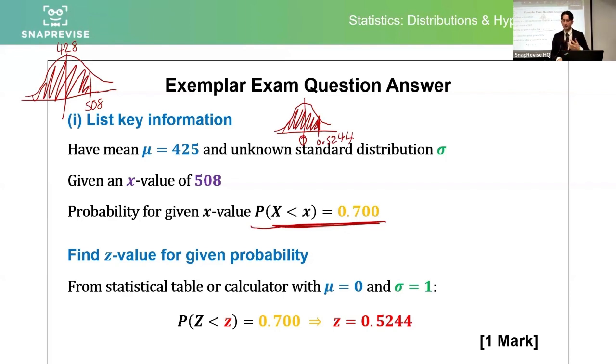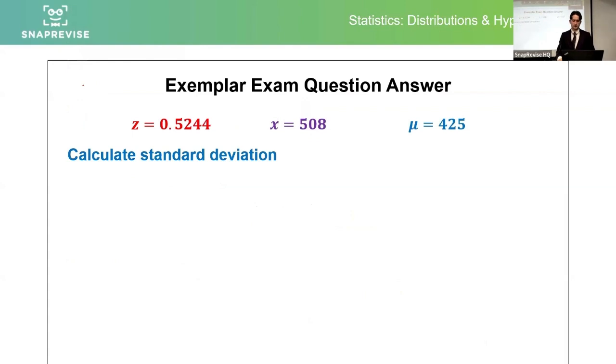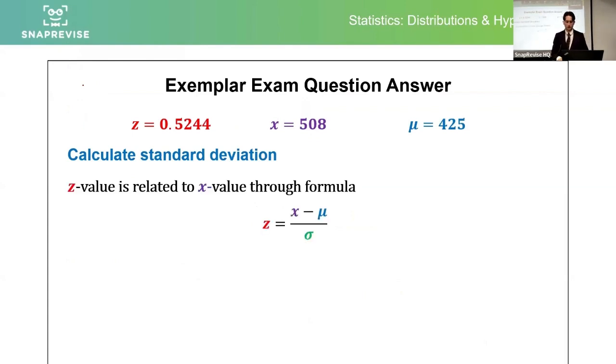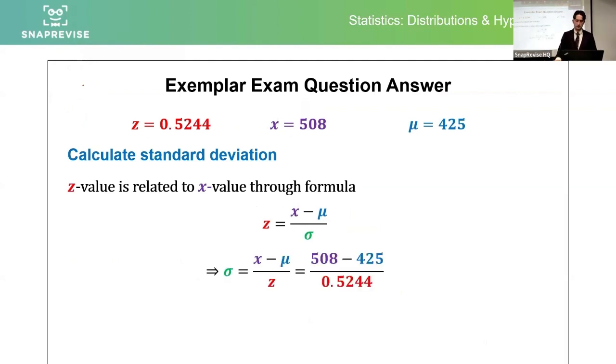So this is where we're going to unpick that graph transformation. So that 0.5244 must be equal to the x value minus the mean over the standard deviation. Okay, so 508 minus the mean over sigma must equal 0.5244.